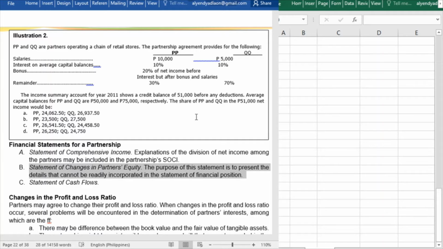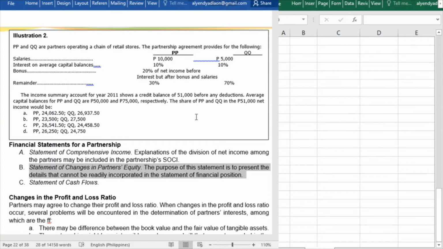Now for letter B, statement of changes in partners' equity. The purpose of this statement is to present the details that cannot be readily incorporated in the statement of financial position. Now class, in a statement of financial position, you have the partners' equity accounts in which we can see the equity of partner 1 and partner 2.